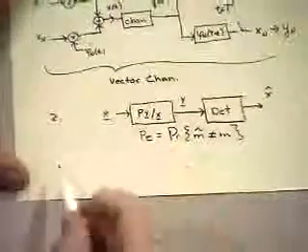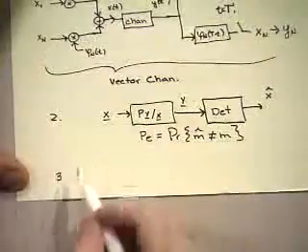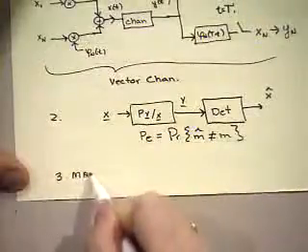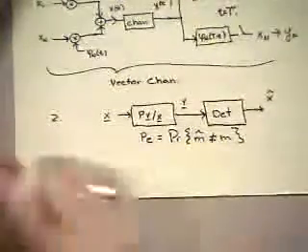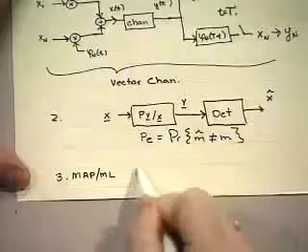So this vector channel replaced the original channel. And the one that actually minimizes the probability of error is called the maximum a posteriori detector. And it basically reduces down to this.